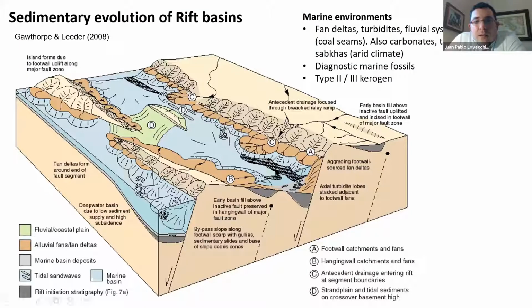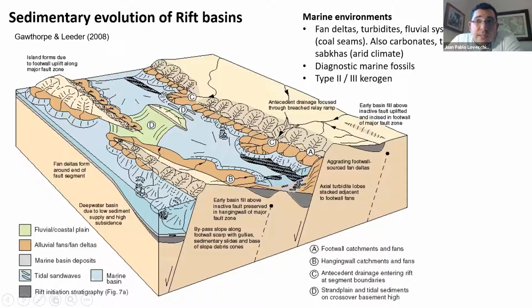What's interesting here towards the fault-bounded border of the basin is that the sedimentation is like in an alluvial fan or a fan delta. Sediments do not tend to be very well sorted because the gradient is high here at the catchment. So the sediments tend to be a little bit chaotic.